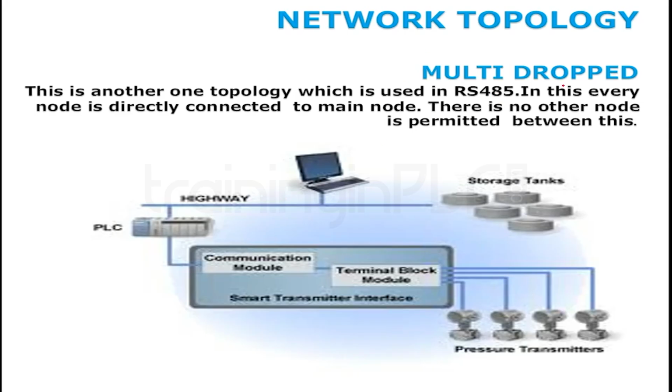It will support multi-dropped topology also, meaning all the nodes will be connected to the main node, and no node is permitted in between. Suppose the PLC is connected to the transmission interface with the transmitters, then in between you can't connect any other devices. So it will be a multi-dropped configuration.